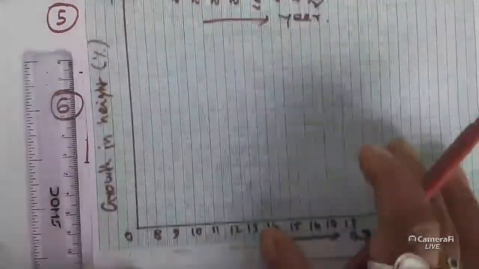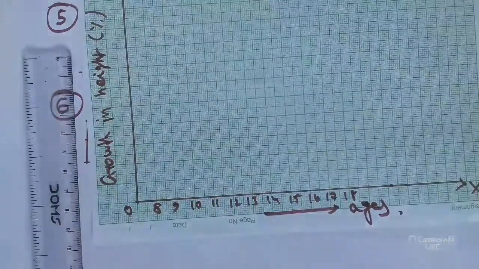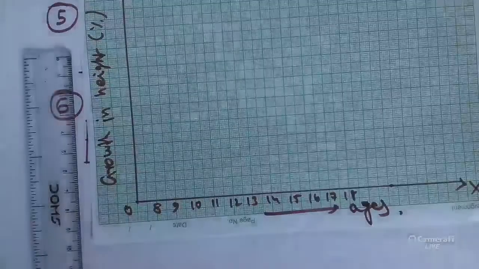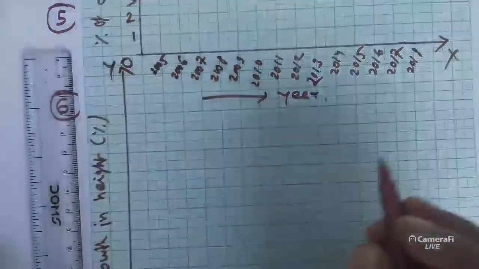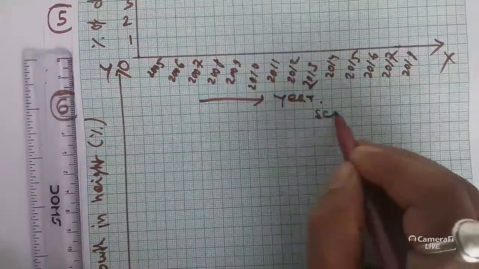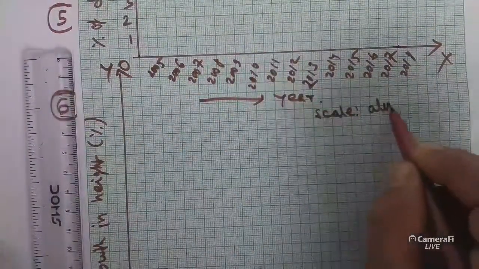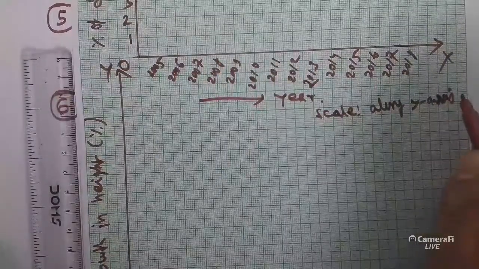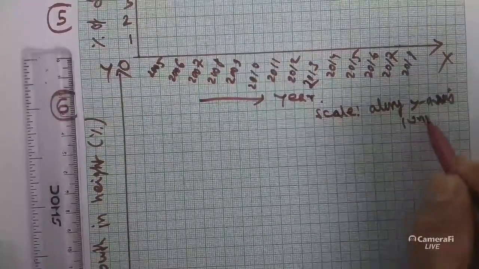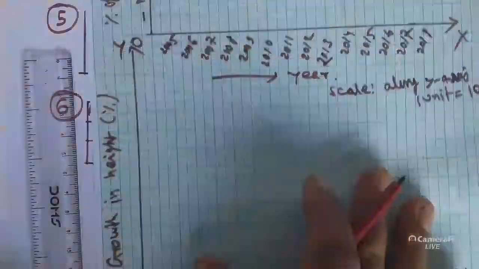Now we have to choose one suitable scale for this given data. So it's better to take 1 unit is equals to 10%. So here scale along y-axis 1 unit is equals to 10%.